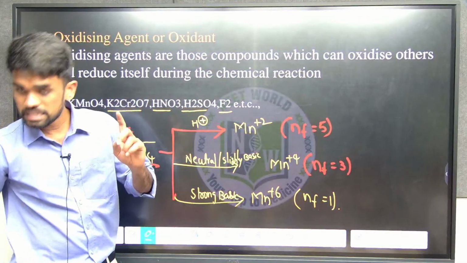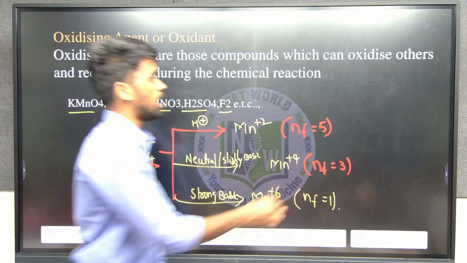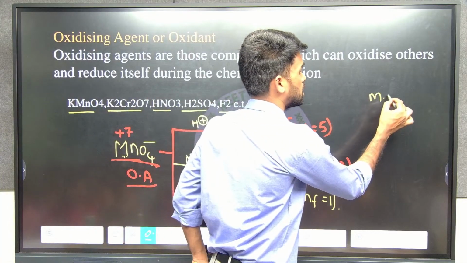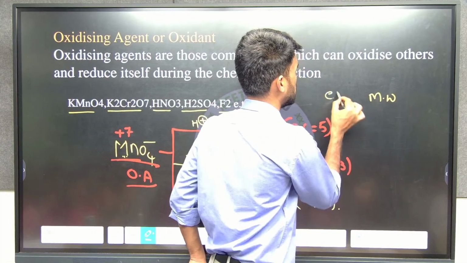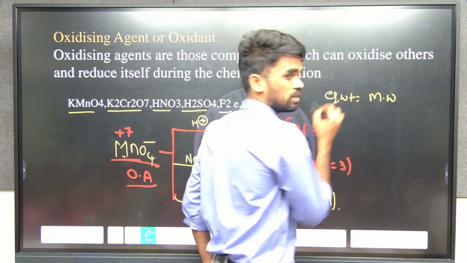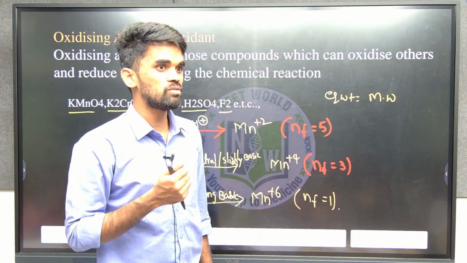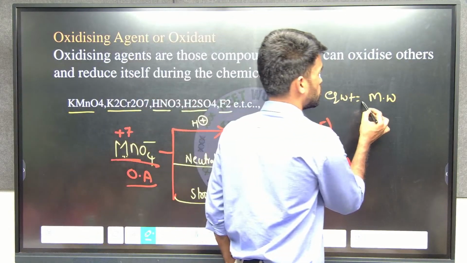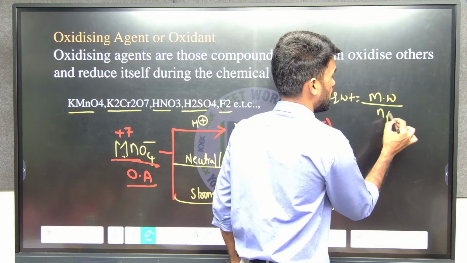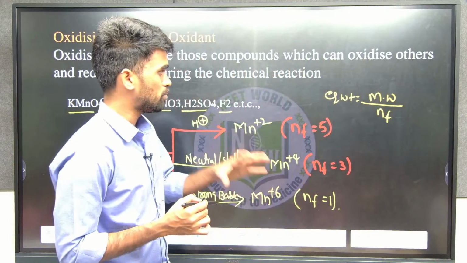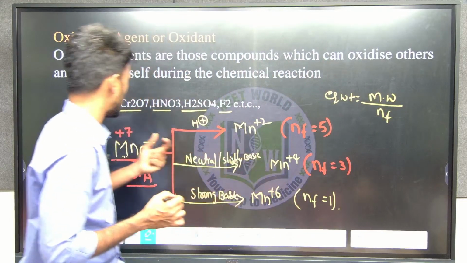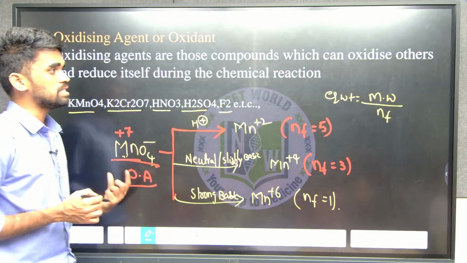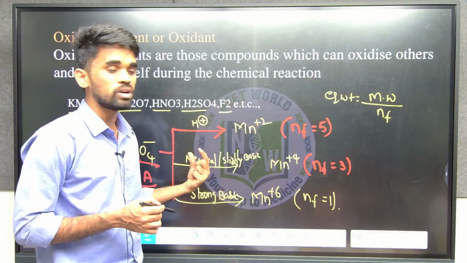In the first chapter, I told you about molecular weight or molar mass and also equivalent mass or equivalent weight. What is the relation between equivalent weight and molecular weight? Equivalent weight equals molecular weight divided by N factor. Now a simple question: they will ask what is the equivalent weight of KMnO4 in acidic medium.